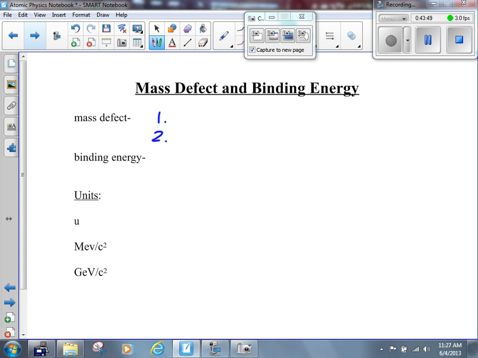Now, there's a number of ways to define binding energy as well, but we'll define it only in the way that we need to be able to solve what we need to solve. We're going to define it as the energy released in a nuclear reaction.